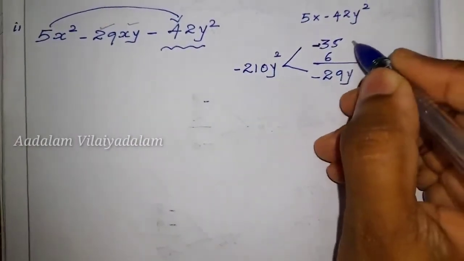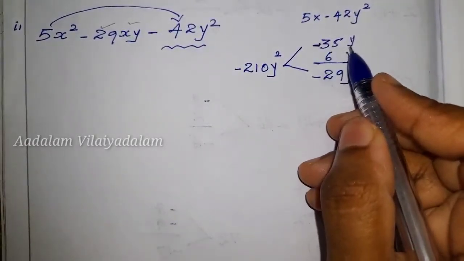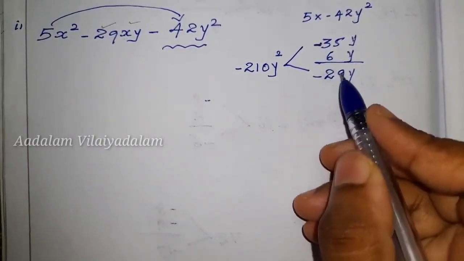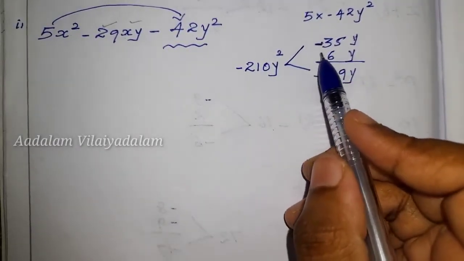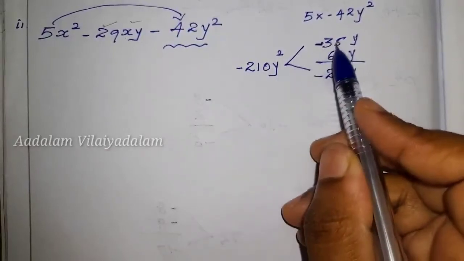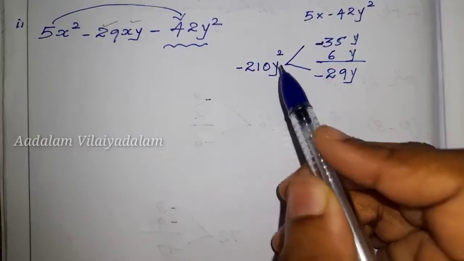So here also y: minus 35y plus 6y is equal to minus 29y. In multiplication, plus into minus is minus, 35 6s are 210, y into y square.